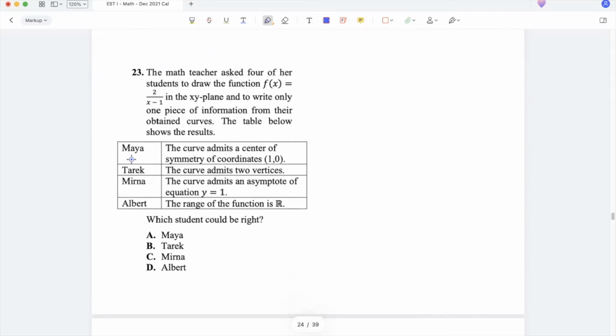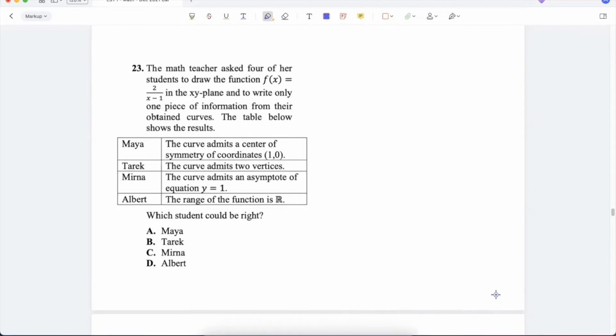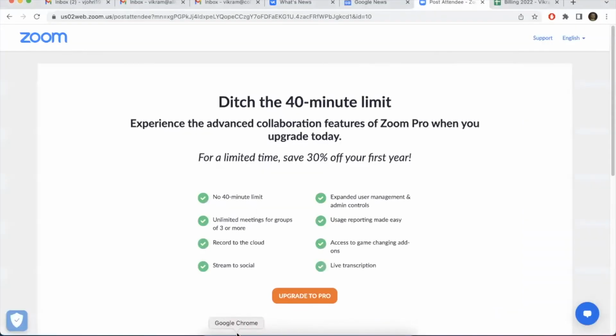The math teacher asked 4 of her students to draw the function 2 by x minus 1 in the xy plane and to write only one piece of information from their curves. The table below shows the results. Okay, so let's draw this function. 2 by x minus 1, right?